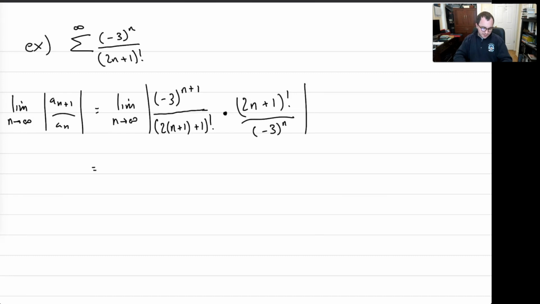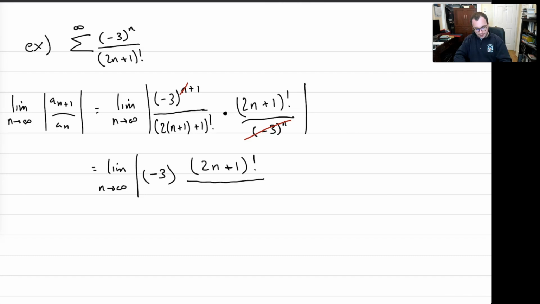Now I'm going to simplify this a little bit by first canceling the negative 3 to the n, which leaves me with just a negative 3. And over here I'm left with a 2n plus 1 factorial divided by, that's 2n plus 3 factorial.